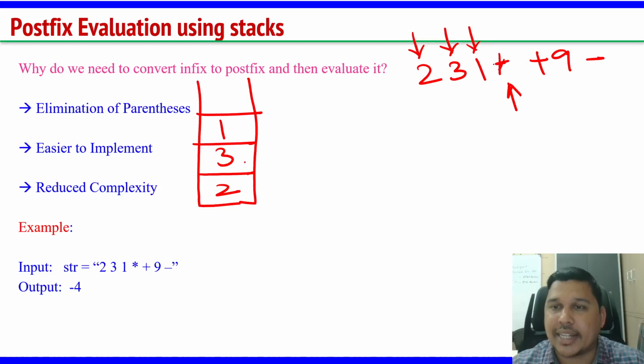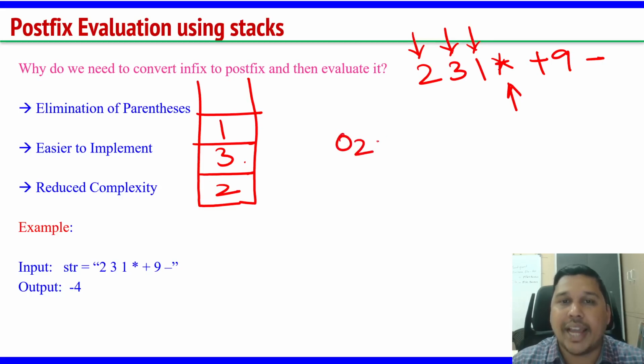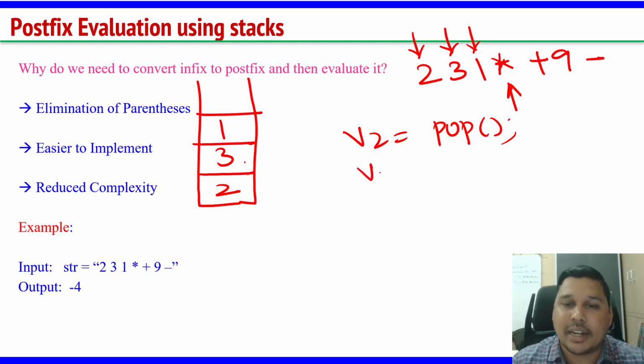We will see that case; here it is multiplication. So that's why when you pop it out, you have to take the values like this. When you write V2 equal to pop, then write V1 equal to pop. First you take V2, then you take V1.